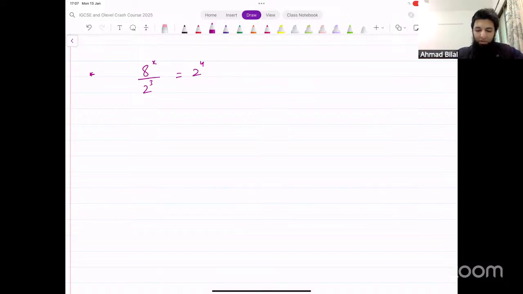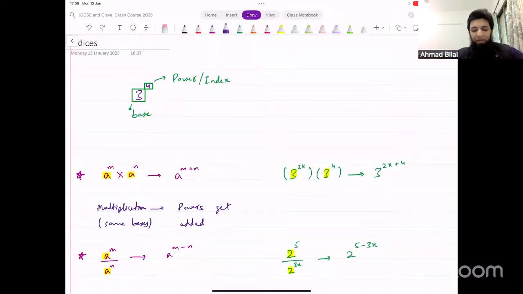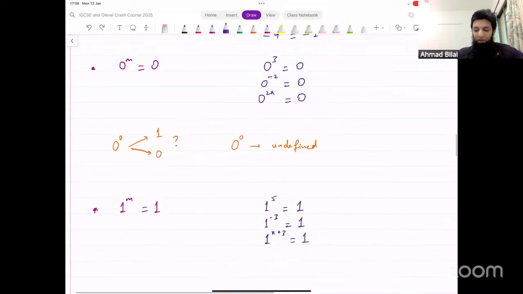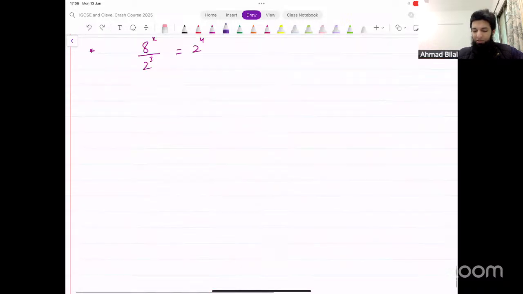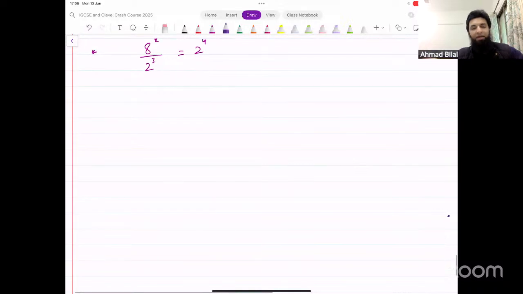Now, can we apply any indices rules on the left side here? Powers are different. Bases are also different. Now, in order to be able to use any of those rules that we have learned, we either need the powers to be the same or the bases to be the same.